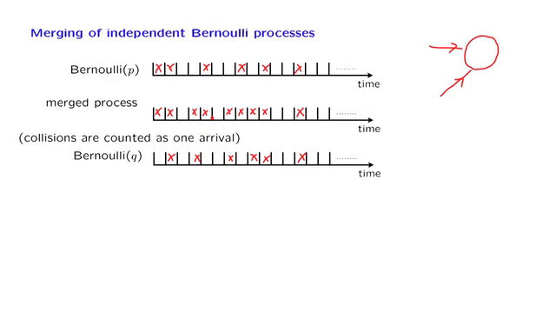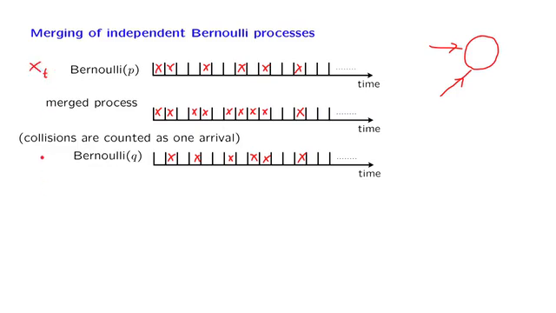Now, what can we say about the merged process? We will argue that it is a Bernoulli process with a certain parameter that we will compute. To check the Bernoulli property for the merged process, the first thing we need to ensure is the independence assumption, independence across slots. Let us look at two typical slots. And to do this, it helps to define some notation.